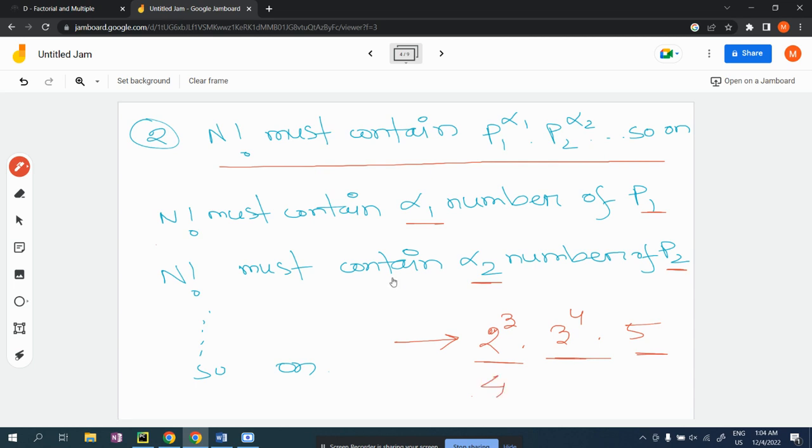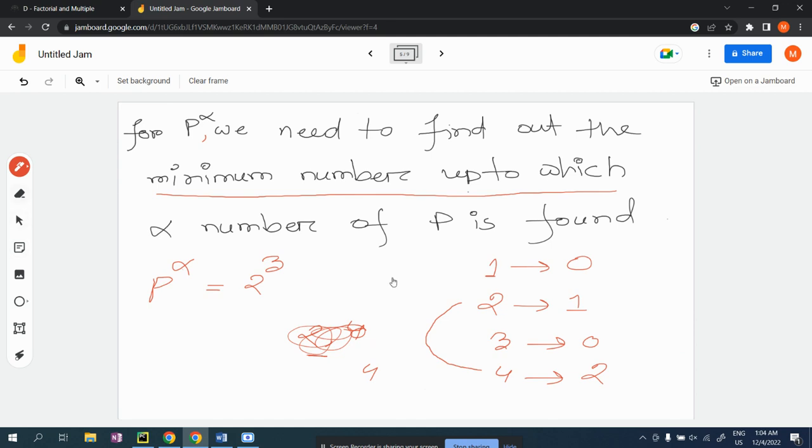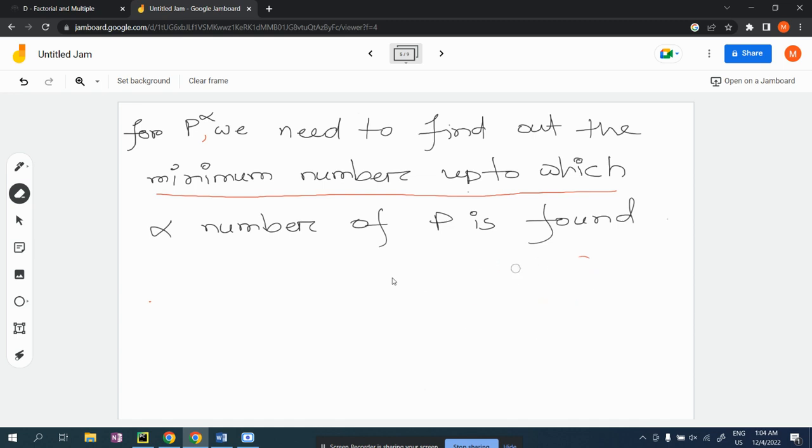For 3 to the power 4, we actually need 9, because 3 will give us one 3, 6 will give us one 3, and 9 will give us two 3s, because 9 is 3 squared.